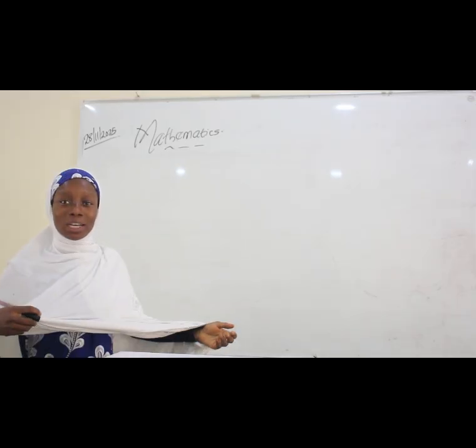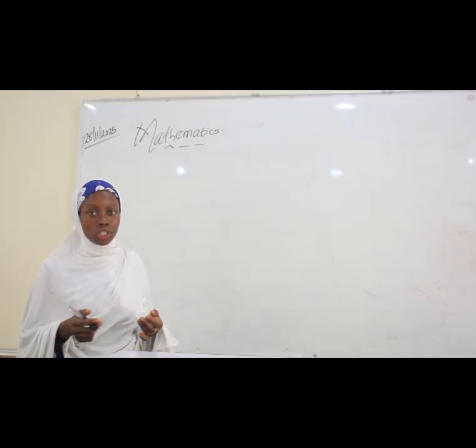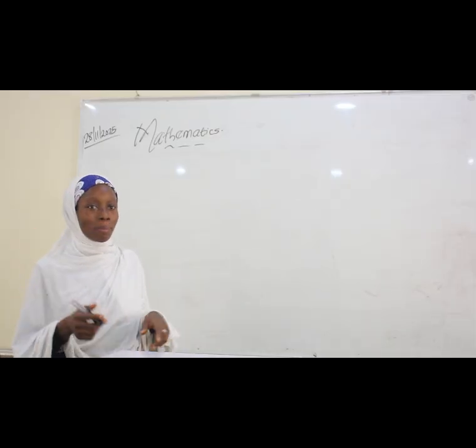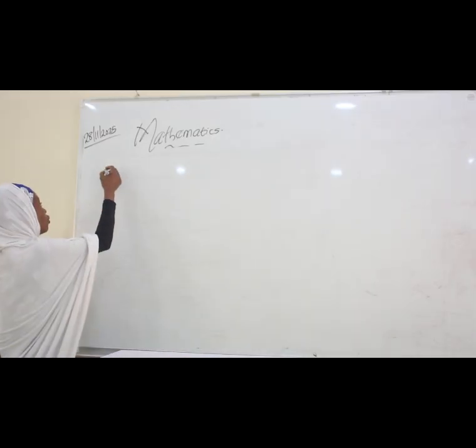So we are having a revision class in mathematics in each of the 5 themes. That is the number and numeration, algebra, arithmetic, geometry, and statistics. So first I will start with numeration.